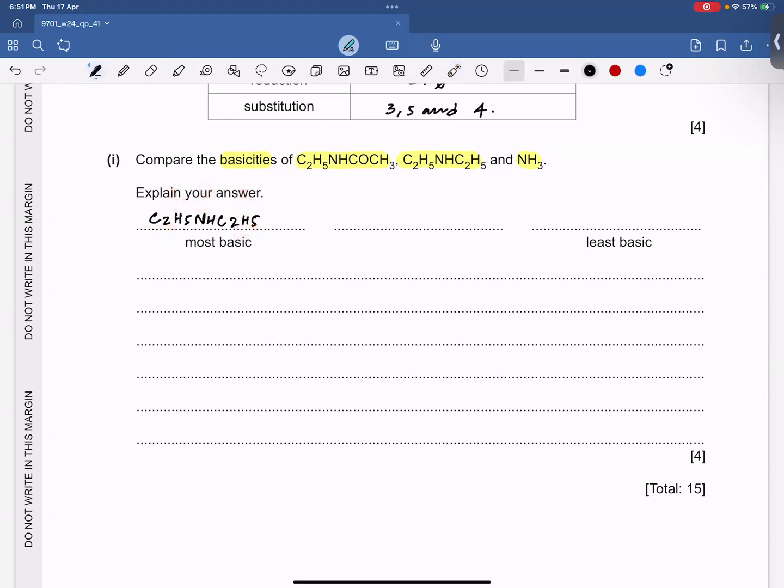C2H5NHC2H5 has a strong positive inductive effect.